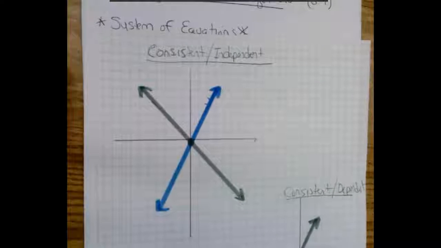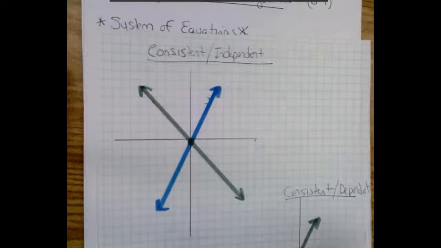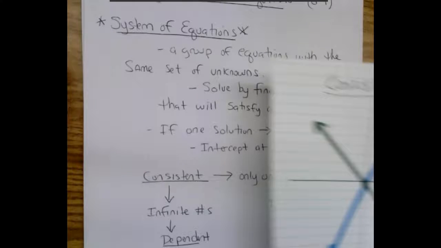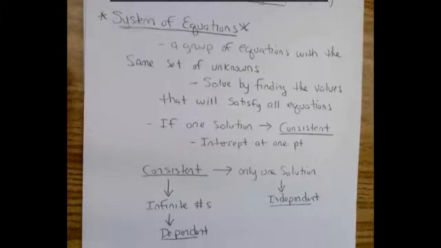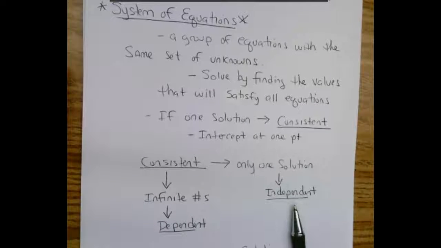That's consistent, and it's also independent in that it only has one answer. You'd see these two graphs going in different directions, with one point where they meet. When there's only one solution, we call that independent.